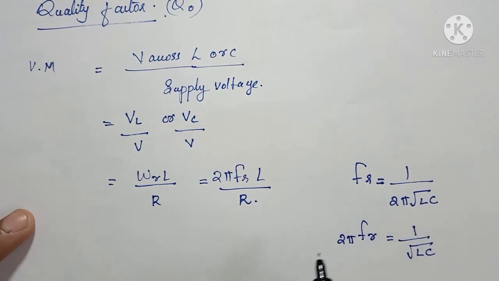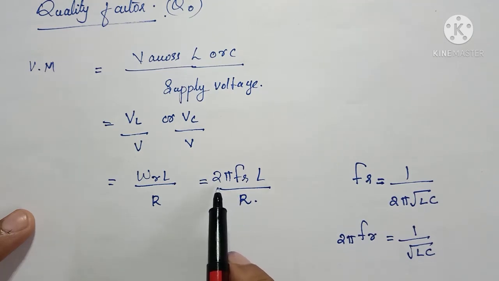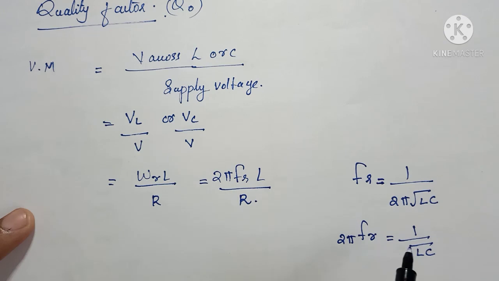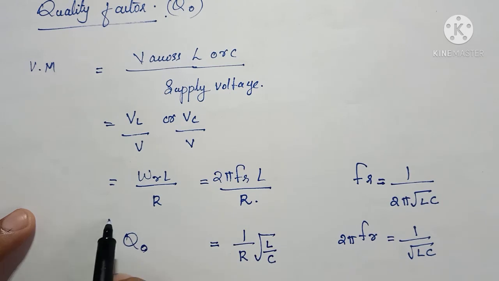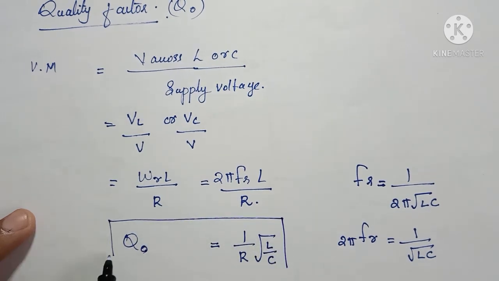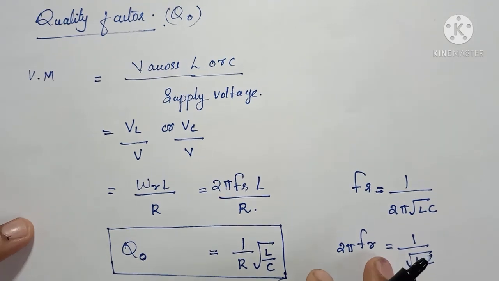So in this equation, we can replace 2 pi FR by 1 by root of LC, and finally we will get the quality factor QC or Q0 equal to 1 by R into root of L by C. This equation is very important for solving problems.